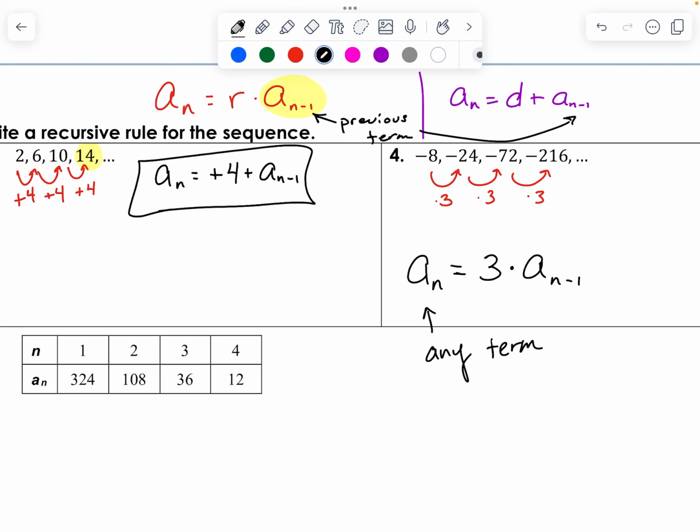If I wanted to find the next term, I would take -216, the previous term, a sub n minus 1, and multiply by 3. So 3 times negative 216 would be negative 648. And I could keep going and keep finding these by multiplying 3 times the term that I just got.